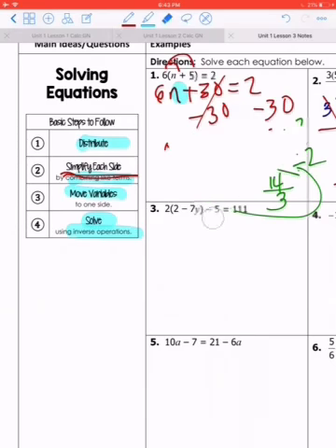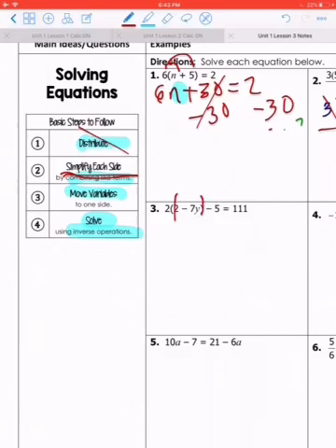So let's look at number 3 and talk about that distribution one more time. So we're actually not going to distribute first here, or distribute at all, okay? So think about PEMDAS. You want to keep your parentheses where it is and get rid of it last. So we're going to add 5. You would definitely add before you divide when you're solving.